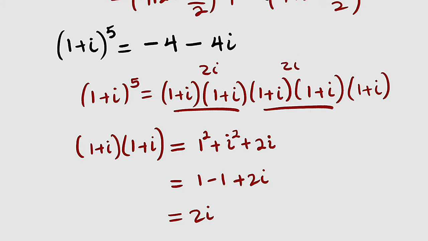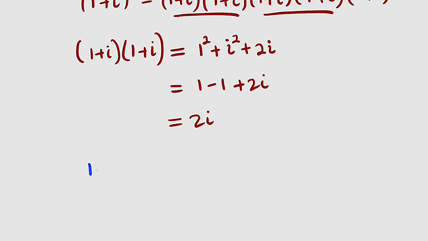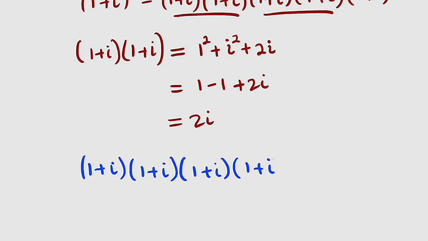So what if we multiply the first 4 together, leaving 1 extra left? 1 plus i multiplied by 1 plus i multiplied by 1 plus i multiplied by 1 plus i.